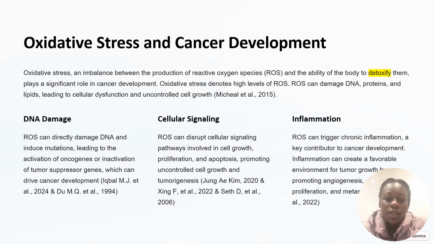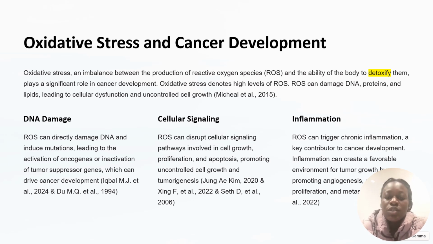And this was stated and proven in studies by Iqbal MJ in 2024 and other studies in 1994 by Zhu MQ and other authors. A second mechanism to support this theory is through cellular signaling.